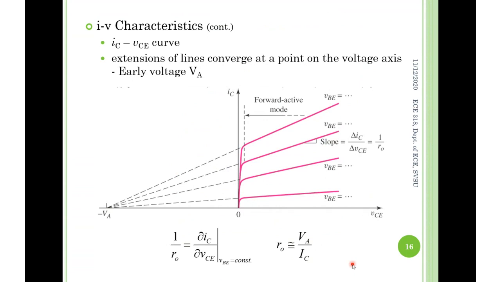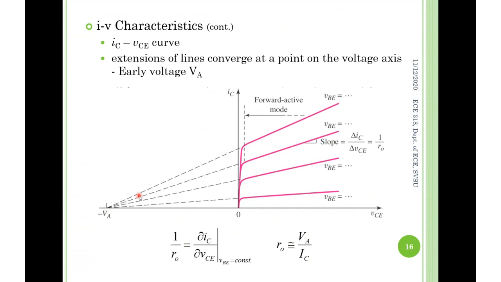Once again, is VA a big value or a small value? We had the same question back in MOSFET too. VA is big or small? Big.